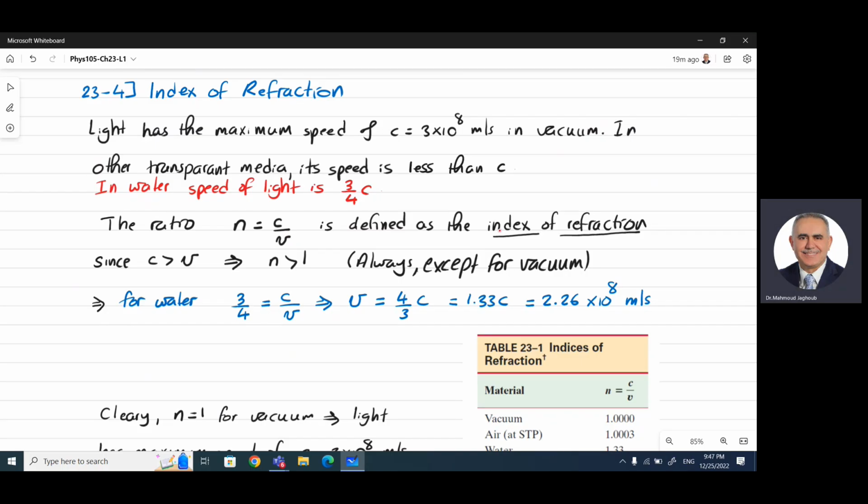This is what we call the index of refraction. Because c is always greater than v, therefore n is always greater than 1 for all media other than vacuum.